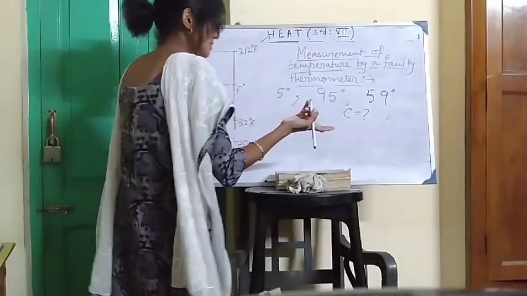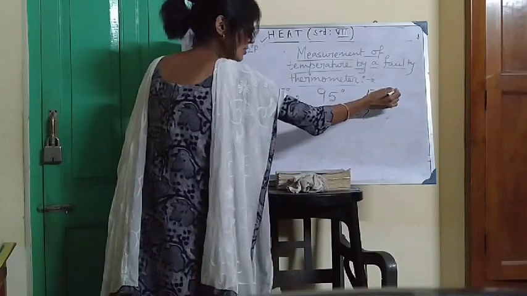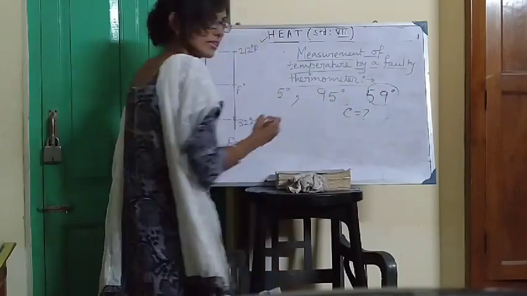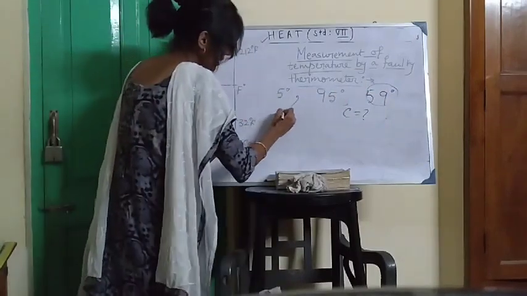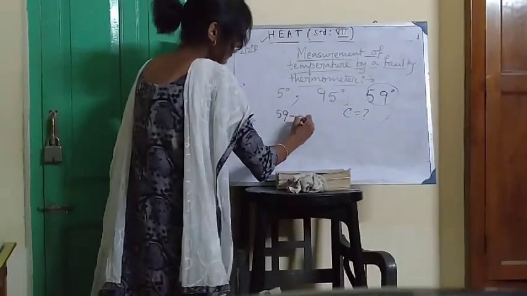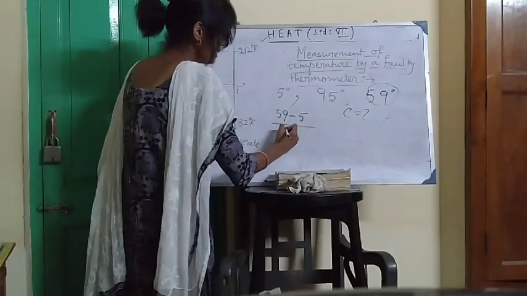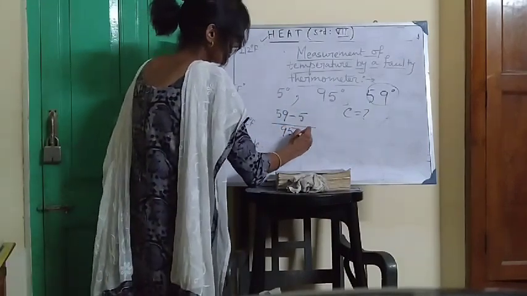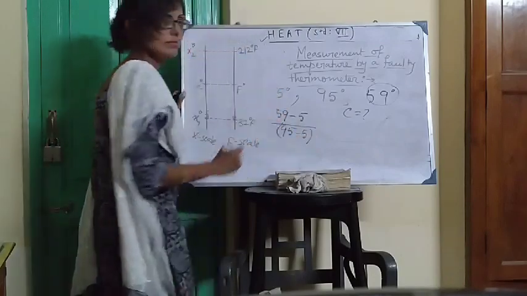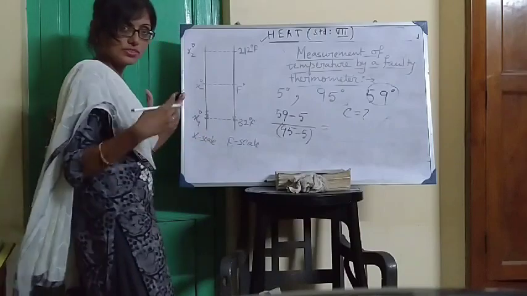Okay, same procedure. Unknown temperature, here this is X, the value of X is given as 59. So 59 minus lower fixed point, which is given as 5, 59 minus 5 divided by 95 minus 5, is equal to C, Celsius scale.